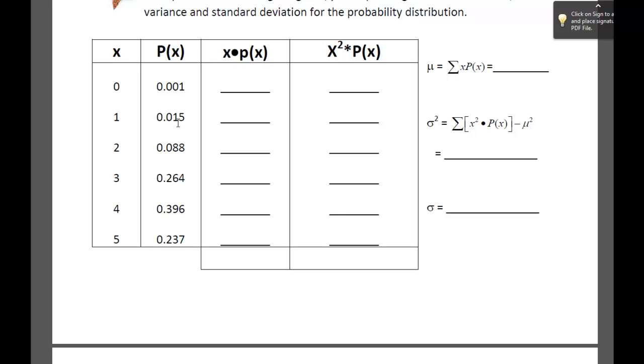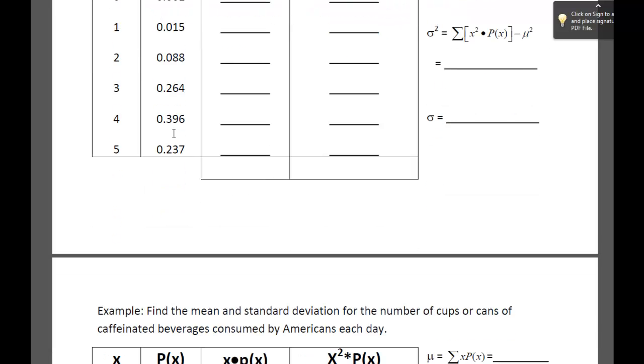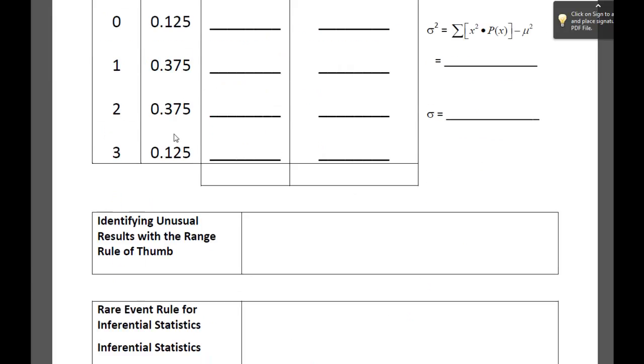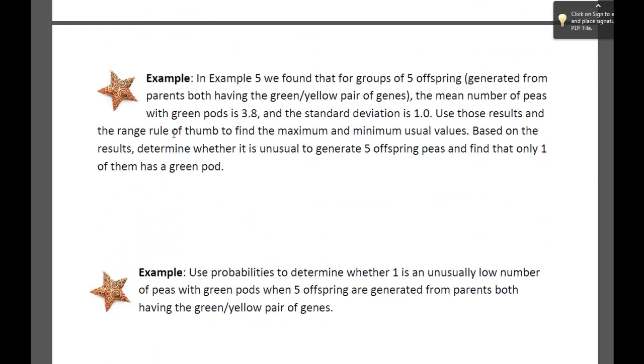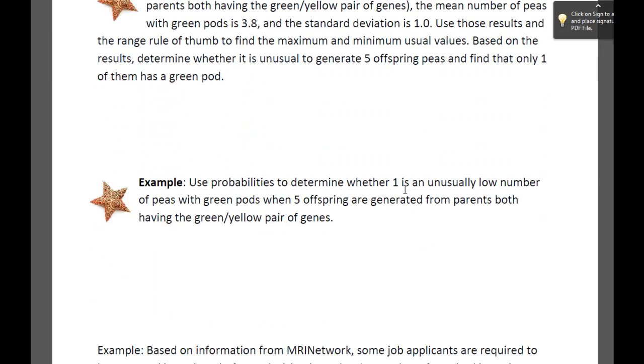The probability for 1 or fewer is 0.016, which is less than what? 0.05. So we would say that to get one is an unusually low number of peas with green pods when 5 offspring are generated.